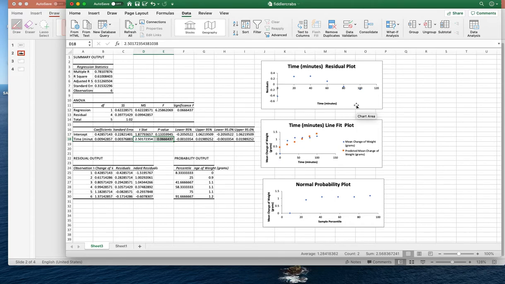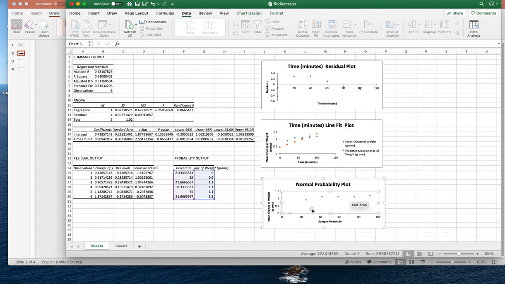But looking at these different plots that we have, the normal probability plot down here, this shows a clear pattern, kind of almost like an x cubed pattern, since it goes up, levels off, and then kind of goes up again at the end. So this is not in a straight line. It needs to be a straight line for it to be normal.